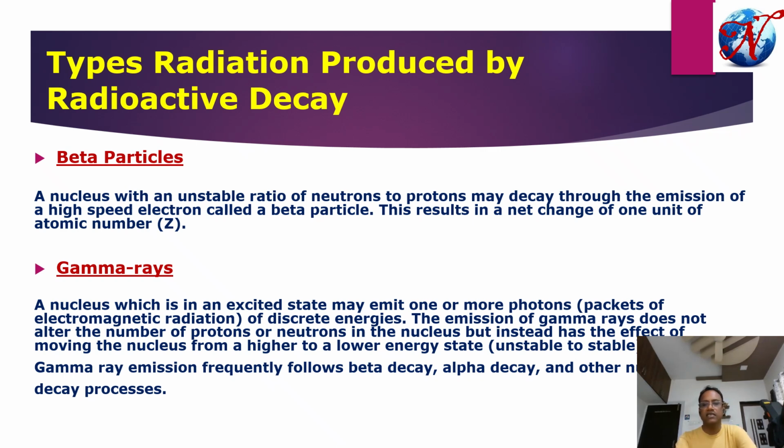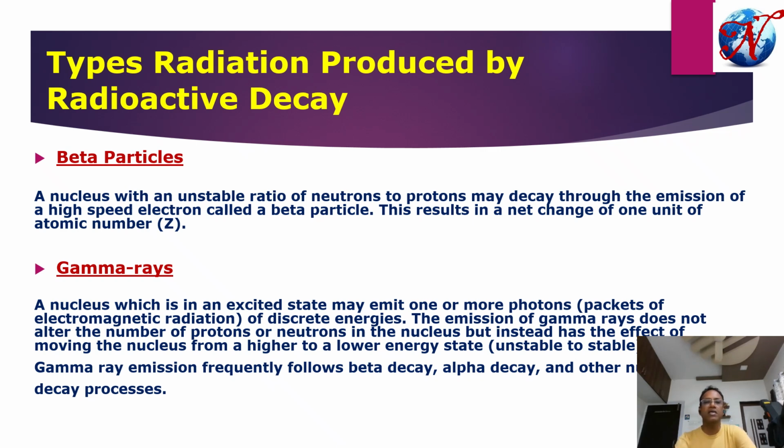And gamma rays are nothing but an energy packet, generally obtained from radioactive elements which have a very unstable nucleus due to the higher number of neutrons. A nucleus in an excited state may emit one or more photons, which are packets of electromagnetic radiation, with discrete energy.